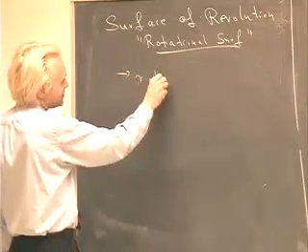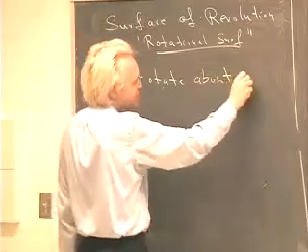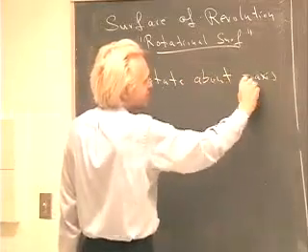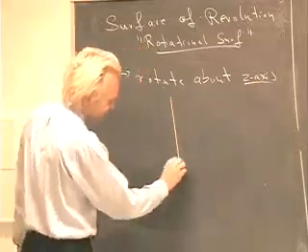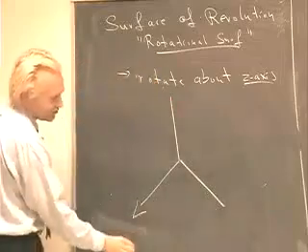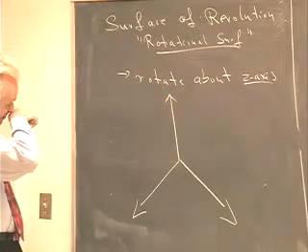Rotate about the z-axis. Okay, how do we do it? So this is the essential operation that we want to do. Again, first we don't worry about the control points, we just worry about the geometry and what we would like to achieve.